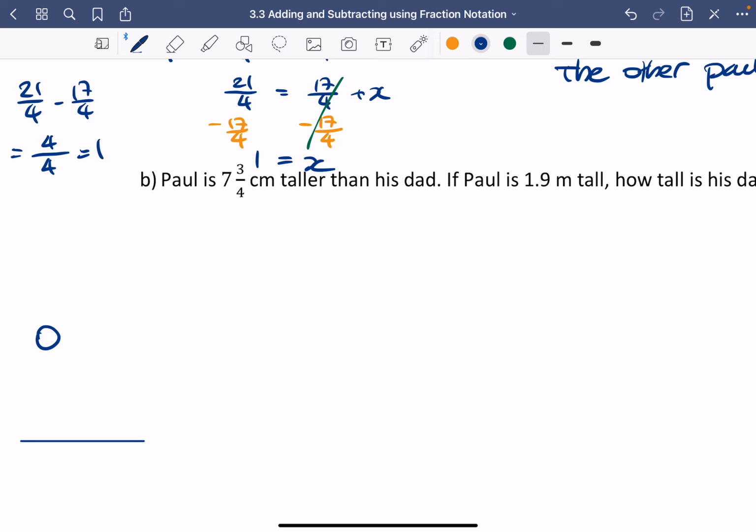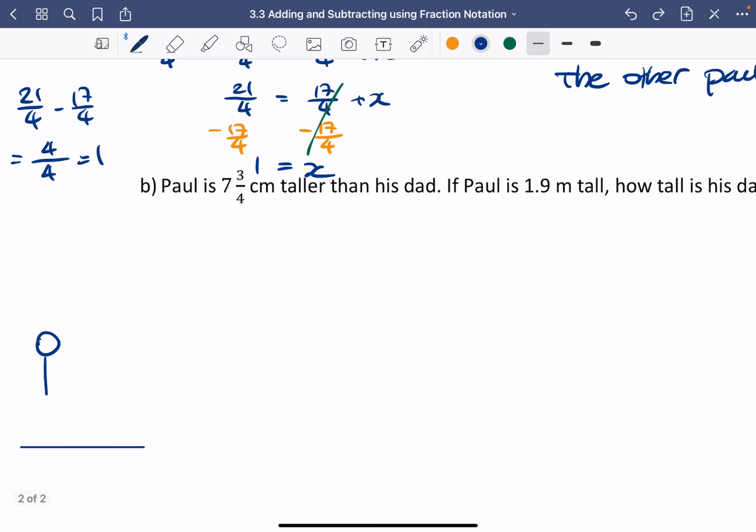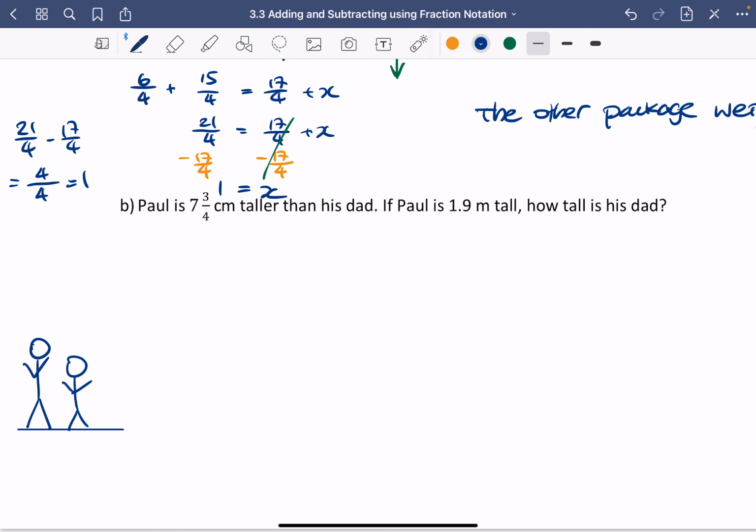So let me draw. This is Paul, and this is his dad.